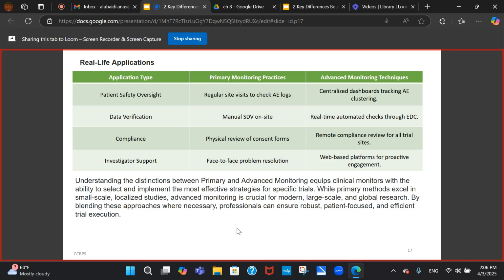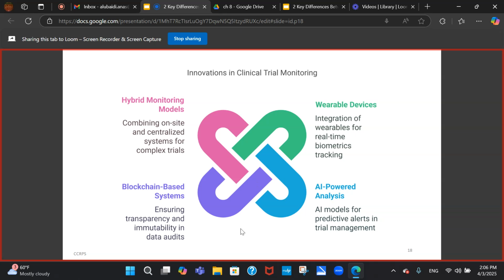Now here, innovations in clinical trial monitoring, and this is a nice diagram. Hybrid monitoring models combining on-site and centralized systems for complex trials. Wearable devices, integration of wearables for real-time biometrics tracking, as the example was on hypertensive participants or patients while we follow the blood pressure measurements.